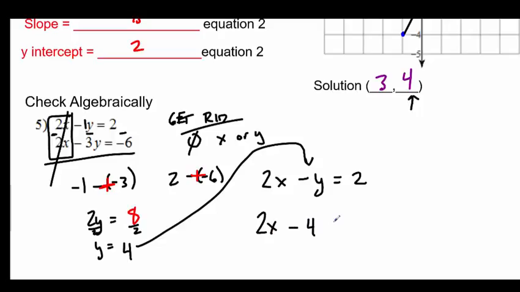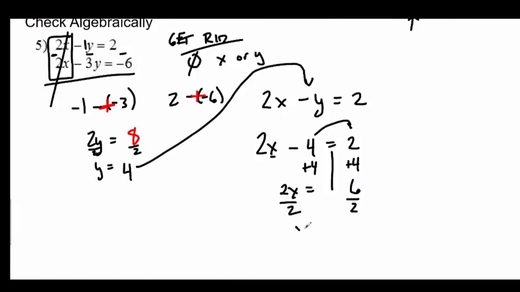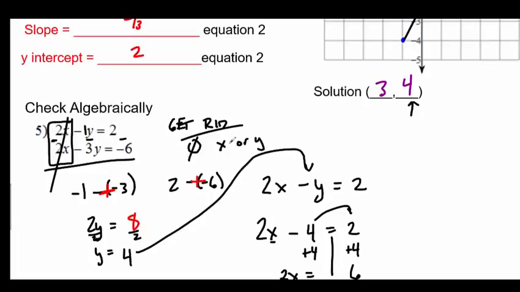So I got 2x minus 4 equals 2. And now I can solve. I'm going to move the 4 across from the x, which is what I'm trying to solve for. So add 4, and I got 2x equals 6. Divide by 2, and x is equal to 3.